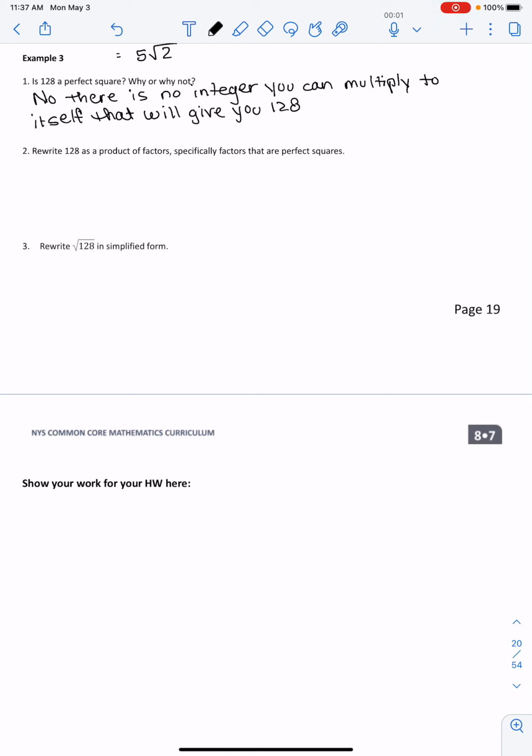So we're going to rewrite 128 as a product of factors, especially factors that are perfect squares. So here I've got 128. That's 64 times 2.